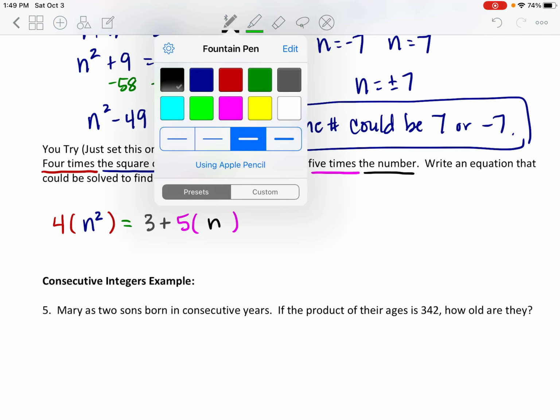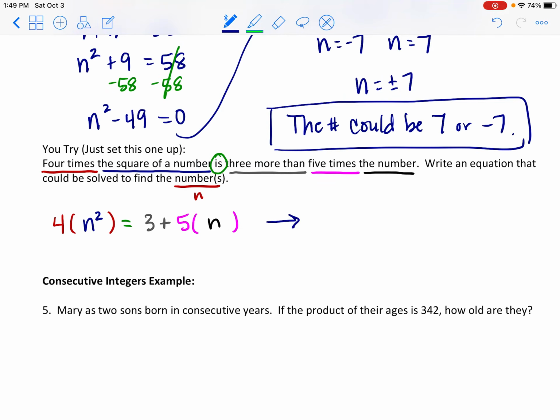So let me just clean this up, make it all uniform here. This is 4n squared equals 3 plus 5n.